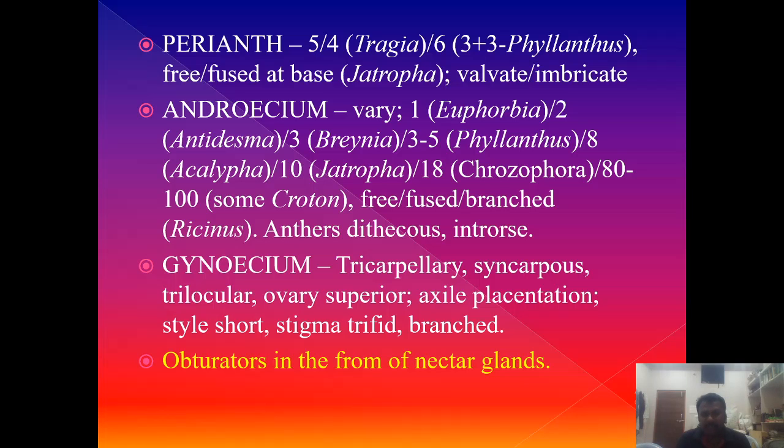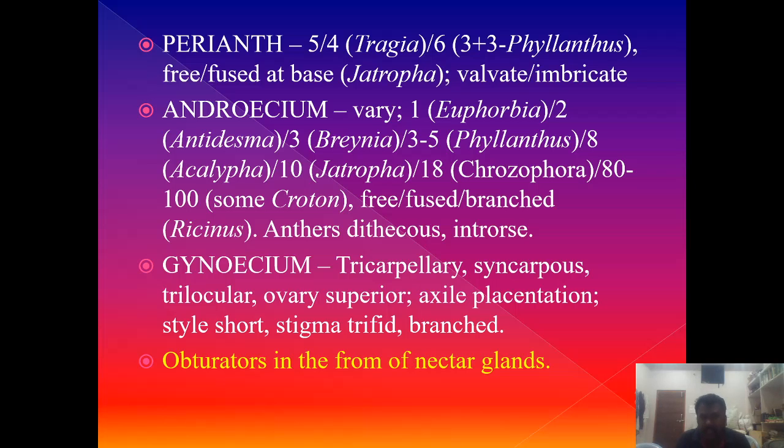Anthers dithecous and introrse. The gynoecium is tricarpellary, syncarpous and trilocular. The ovary is the main identification character of the family Euphorbiaceae. Ovary superior in general, with axile placentation.